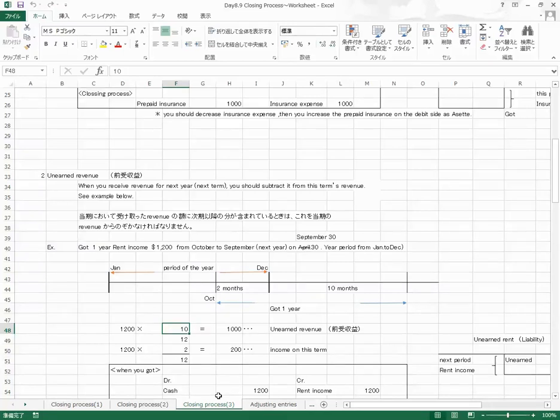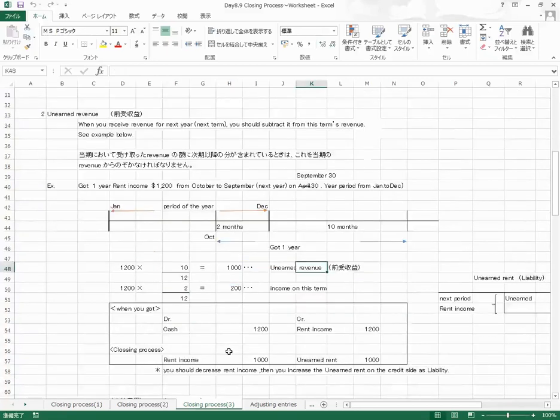So the first formula shows you how much will go to the next term. So we will divide 10 months by 1 year. So it goes to 1,000. This is unearned revenue. Unearned revenue is liability.